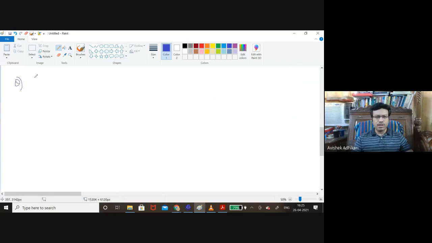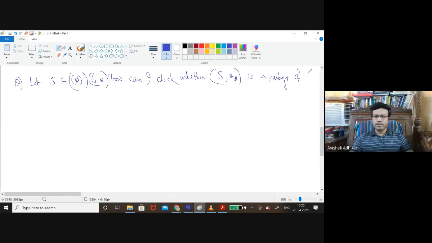Suppose I give you a question like this: let S be a non-empty subset of G. How can I check whether S with respect to this restriction, star one, or sometimes we will delete the 1 and write star, is a subgroup of G?